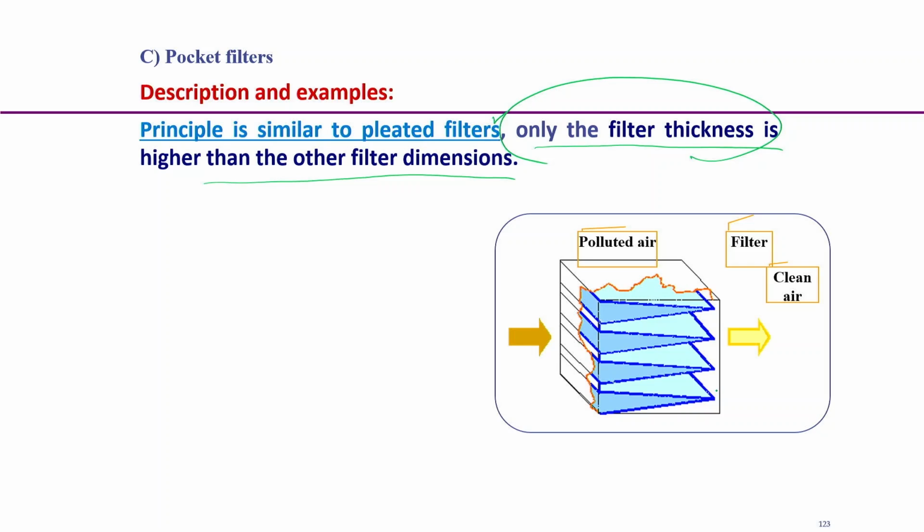The advantage here is that the total effective area of fabric is very high. So, we get very low air pressure drop, we can filter at very high speed with a low pressure drop, and also a very high filter surface is presented.